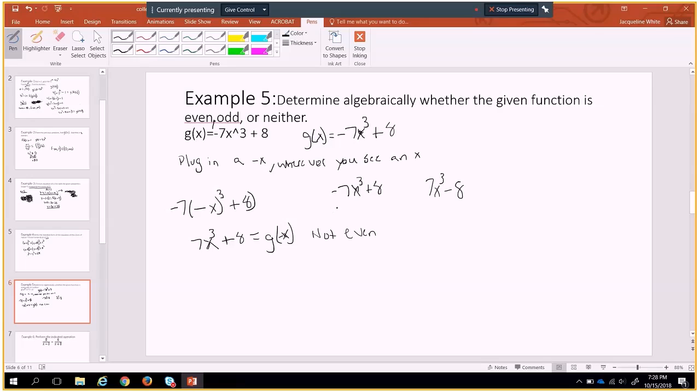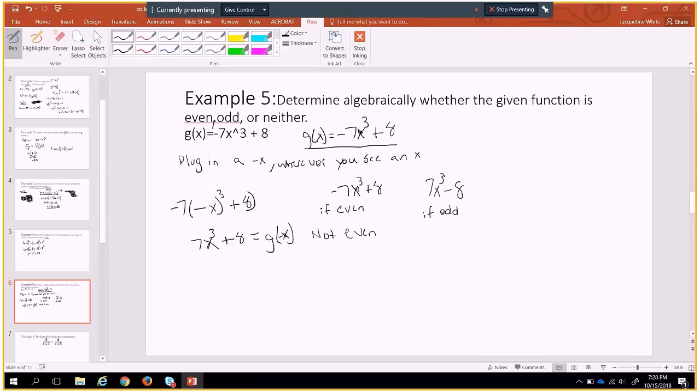This would be the even version. This would be the odd. So once again, if it was even, it would give you back the original equation. If it was odd, it would give you the negative of this original equation.